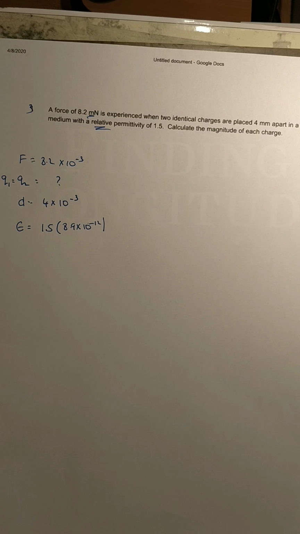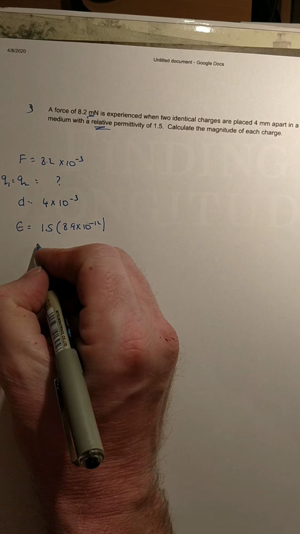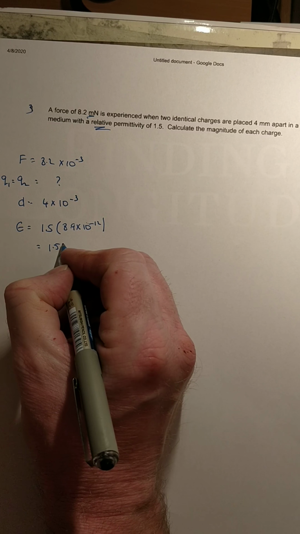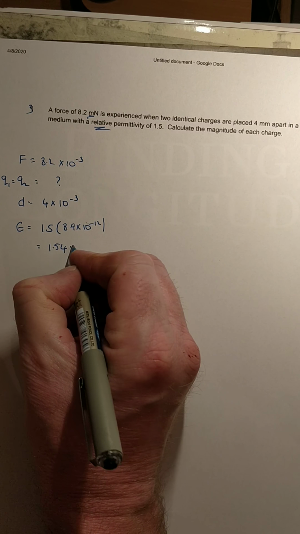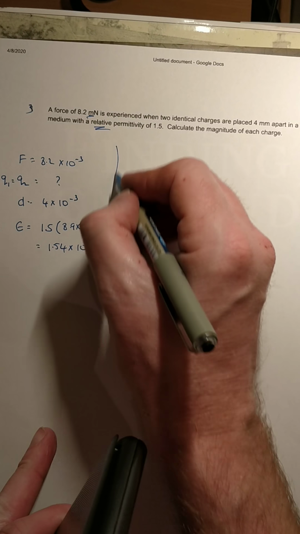Okay, so we multiply that. So 1.5 multiplied by 8.9 exponential minus 12, and we get a value of 1.535 by 10 to the minus 11. So we would say 1.54 by 10 to the minus 11, and that's the permittivity we're going to use.